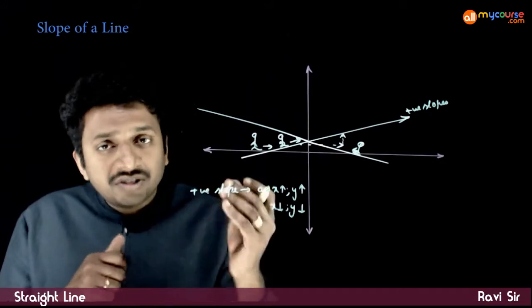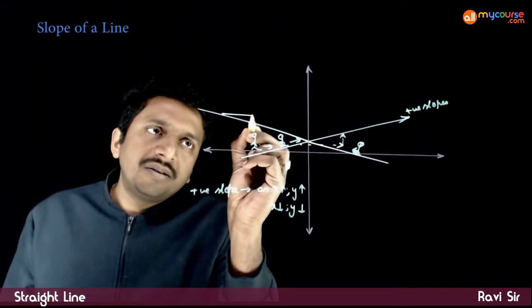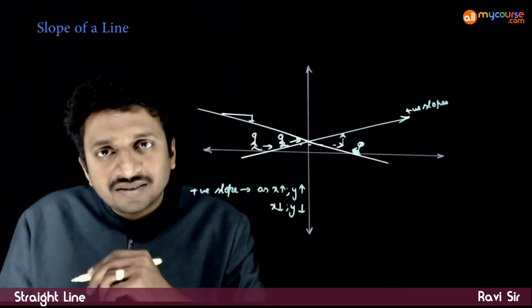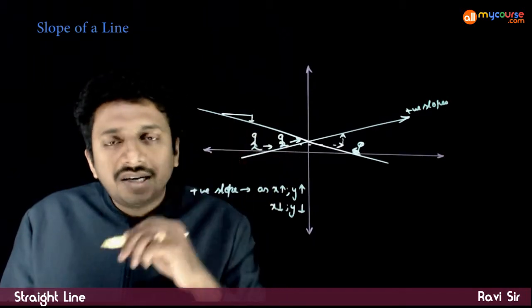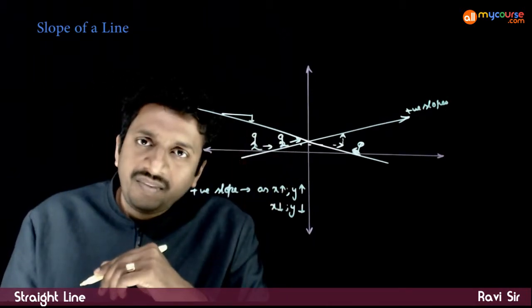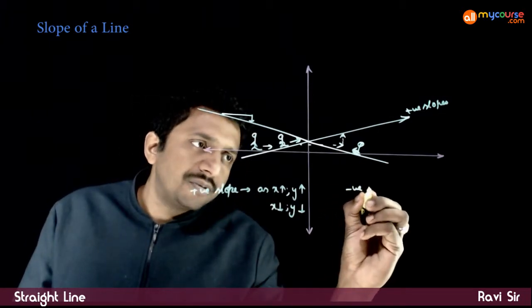But according to the conventional coordinate geometry, on this line, as you move forward, the y-coordinate decreases. That means as the x-coordinate increases, the y-coordinate decreases, right? So such slopes are called negative slopes.